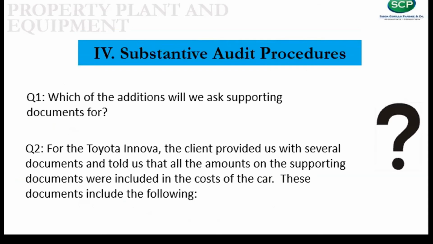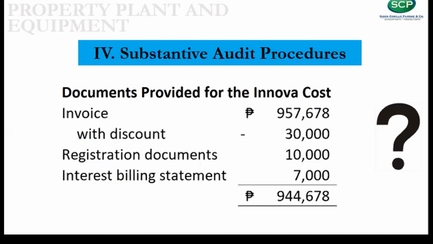And question number 2. For the Toyota Innova, the client provided us with several documents and told us that all the amounts on the supporting documents were included in the cost of the car amounting to 944,678. These documents include the following. So these are the components of the Innova cost.